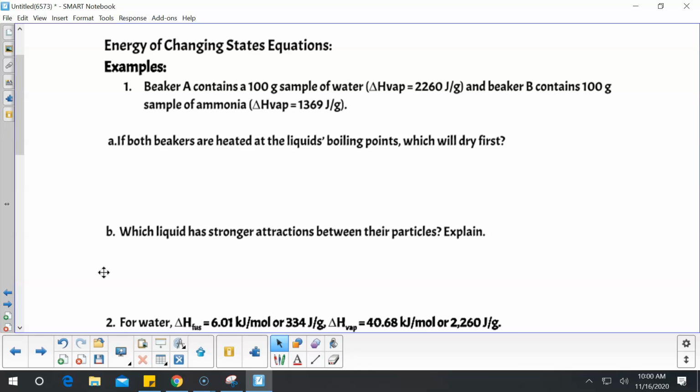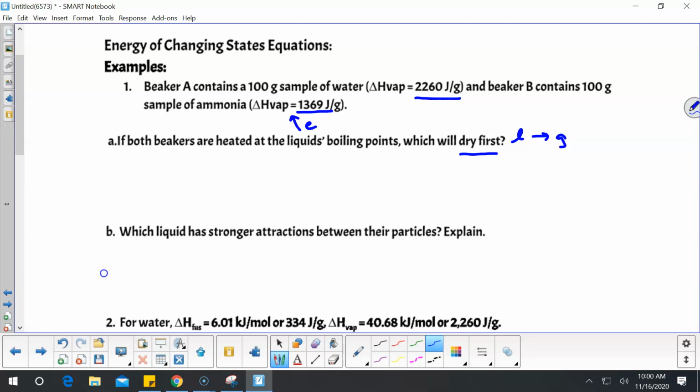So it's becoming dry. So that means we are changing from a liquid to a gas. Well, guess what? If this one has this value and this one has this value, isn't this one easier to change in state? So it would be the ammonia.